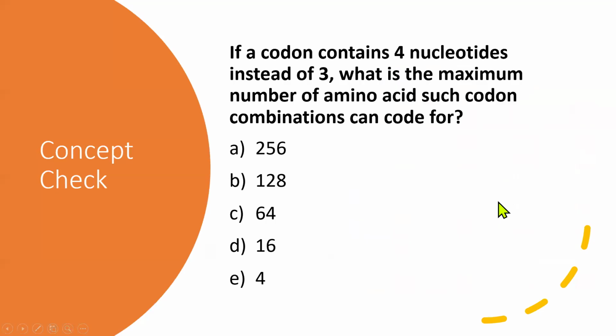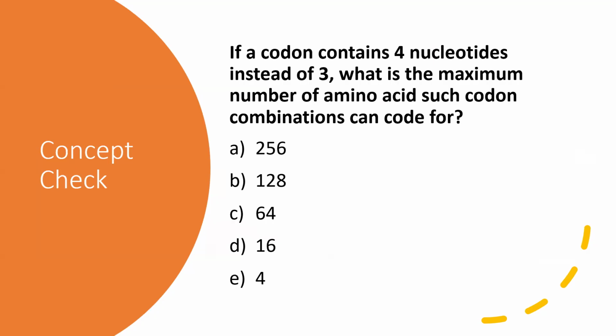Okay, actually, how about this? If the codon contains 4 nucleotides instead of 3, how many amino acids can we code? Very good. A lot of you got it.